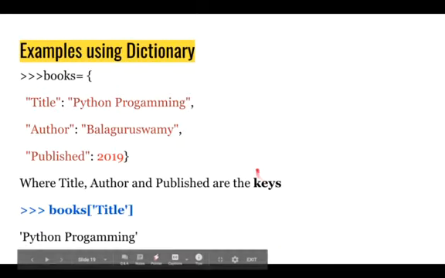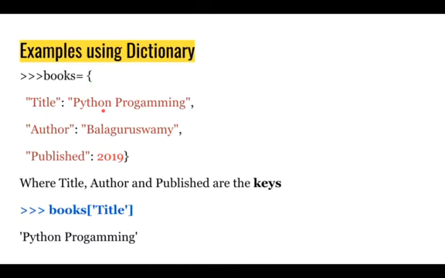Examples are, this is an example of a dictionary I have here. This is the value that is stored. Python programming is the value and the key used is title. Author is the key and the value stored here is Balagurusamy. Published is the key and 2019 is the value stored in it.